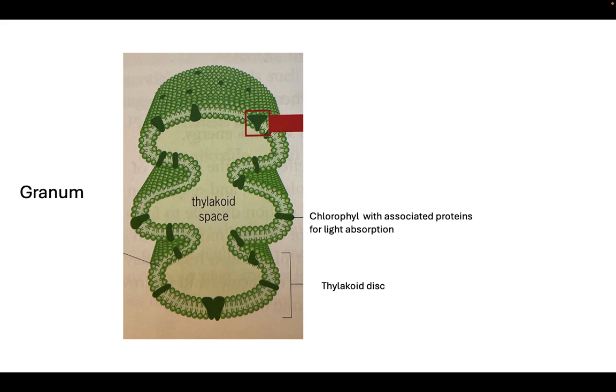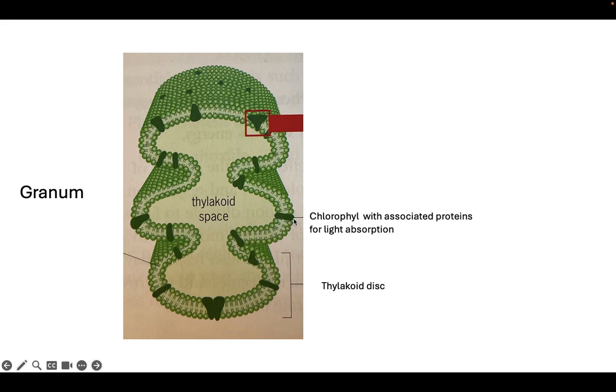Once in a while, in this phospholipid bilayer, you have specialized proteins which contain lots of molecules of chlorophyll. On the diagram, they're highlighted in this dark green color.